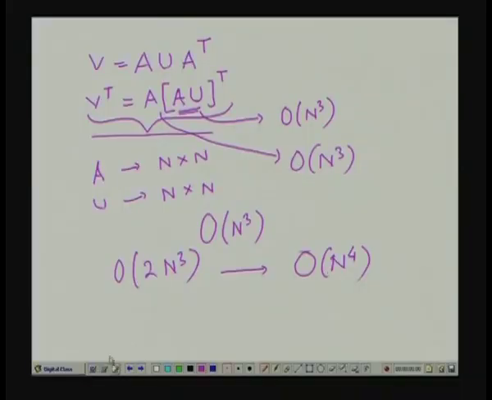Now, let us see what is meant by the basis images. So, what is meant by basis image?